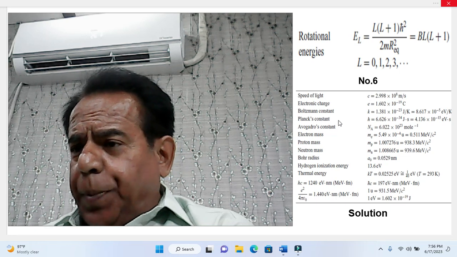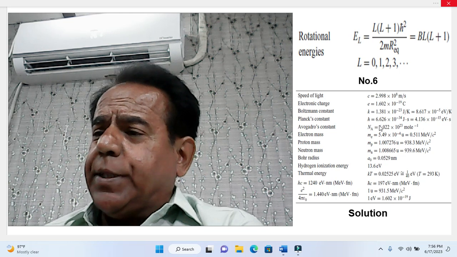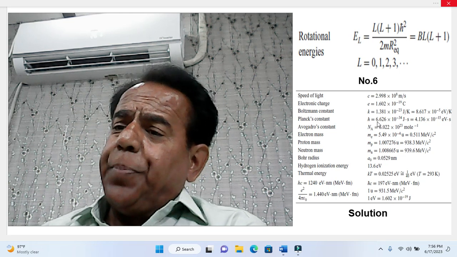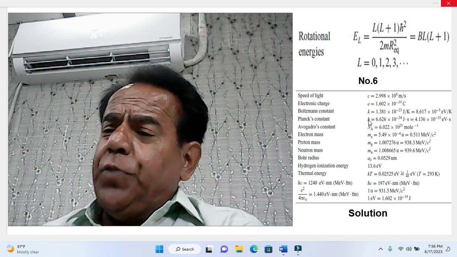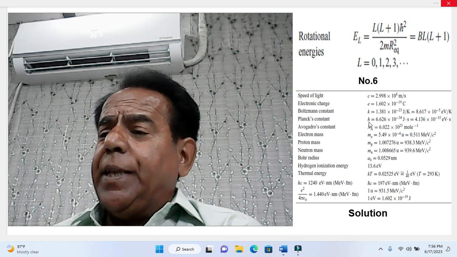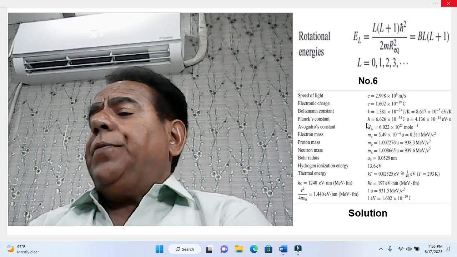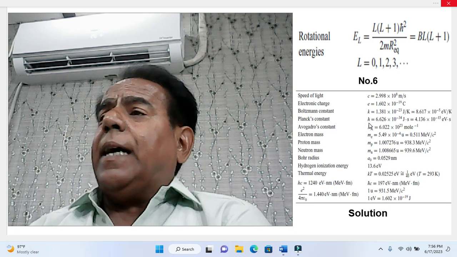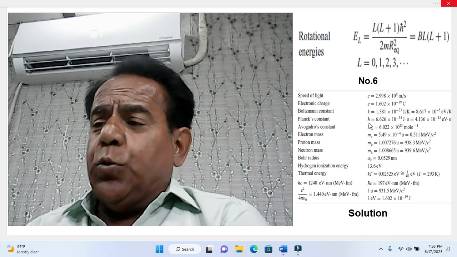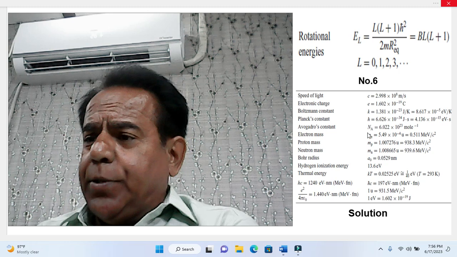Moreover, the value of Planck's constant h, which is given in two alternate units, will also be used, but this value will be divided by 2π, and hence instead of Planck's constant h, we will treat it as ħ or h bar or h reduced, by dividing this Planck's constant h by 2π. Okay.